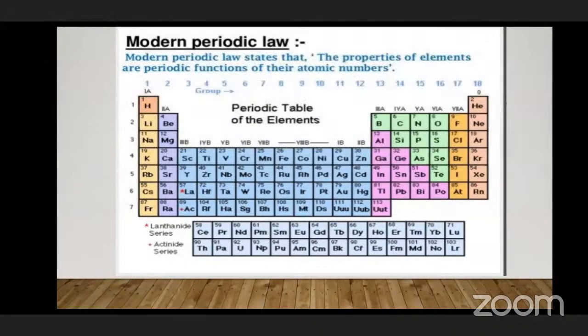At the same time, we observe the numbers 1 to 7. These are the 7 periods.